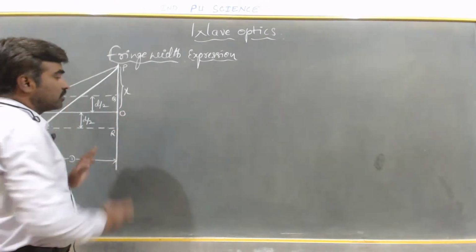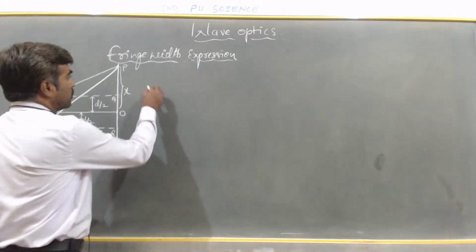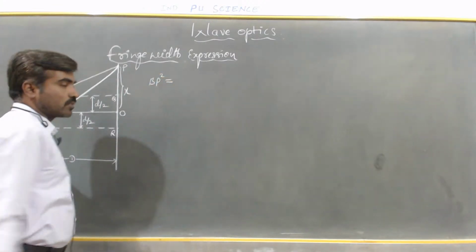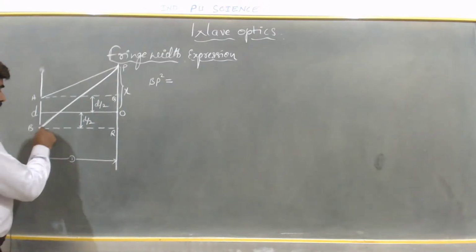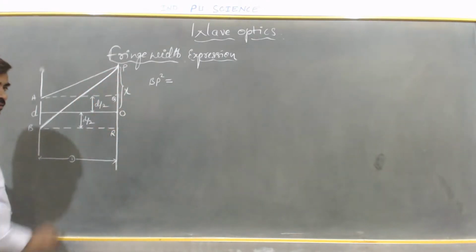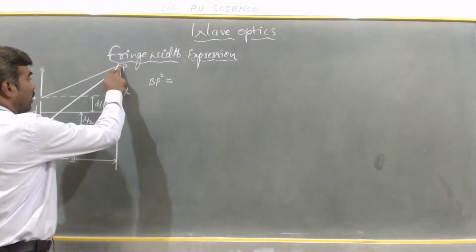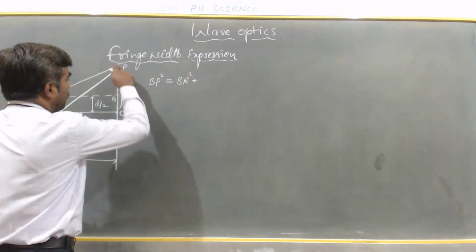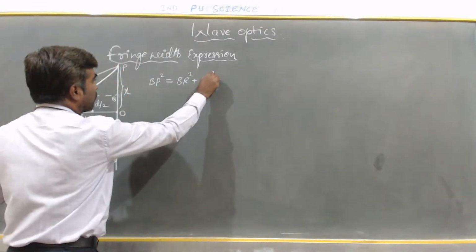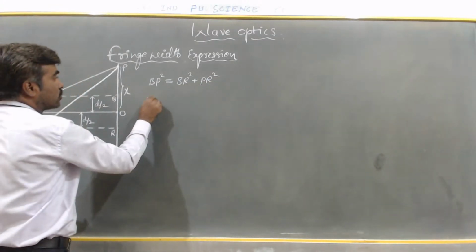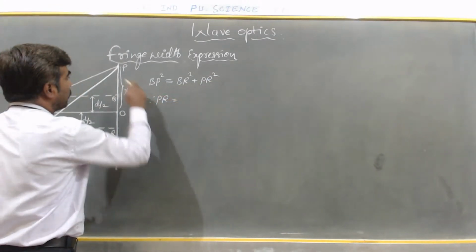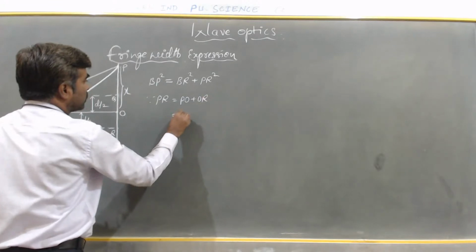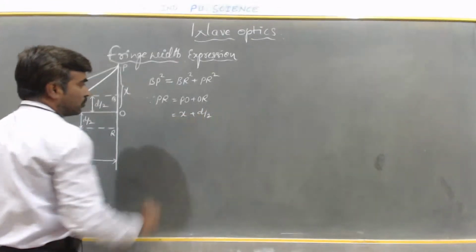And from this diagram we came across two major equations. One is BP square, from this triangle BPR, BP square equals BR square plus PR square, where PR is equal to PO plus OR, which is x plus d by 2.